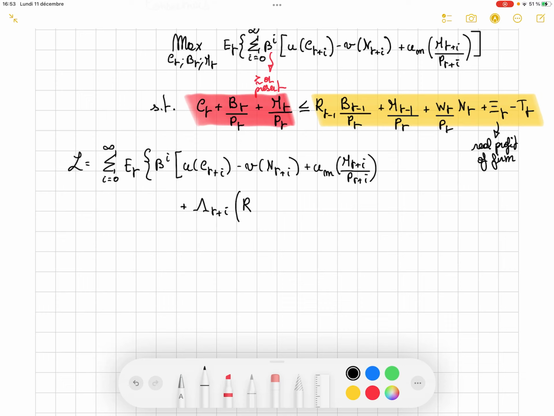So basically, it is a plus, so it's the income that I have to put first.